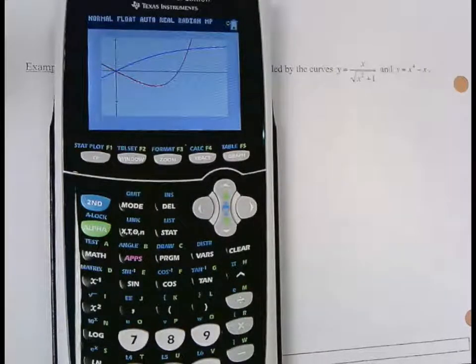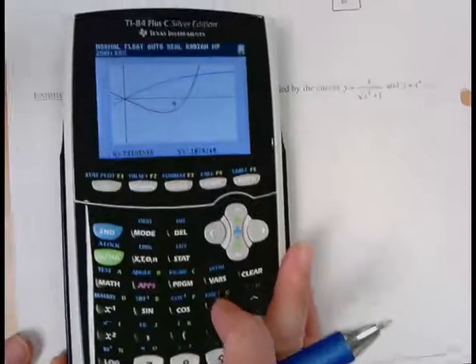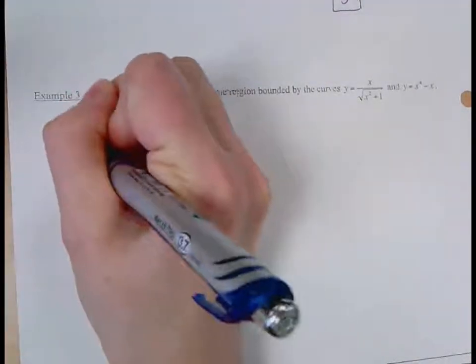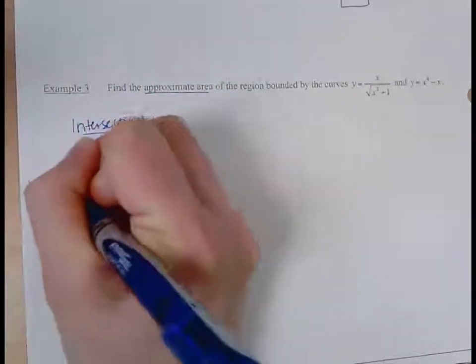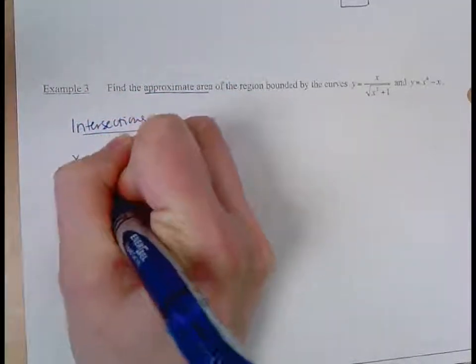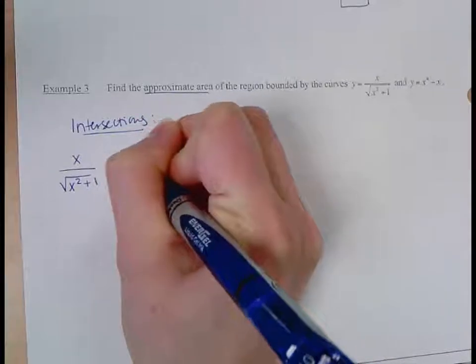All right, so for this one, there's our region, but intersections. If you were to find them by hand, you would be setting x over the square root of x squared plus 1 equal to x to the 4th minus x.